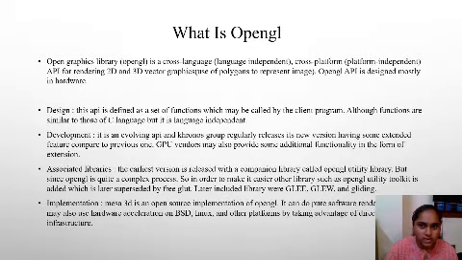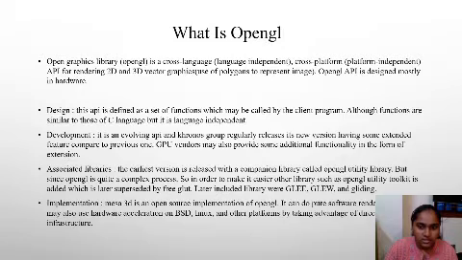Although the functions are similar to those of the C language, it is language independent. Development: it is an evolving API and the Khronos Group regularly releases new versions with extended features compared to the previous one. GPU vendors may also provide some additional functionality in the form of extensions.